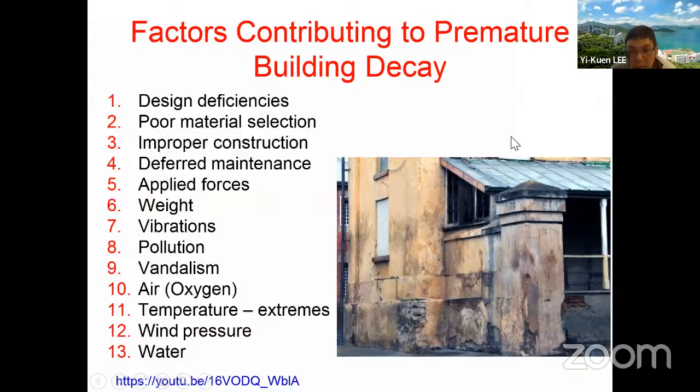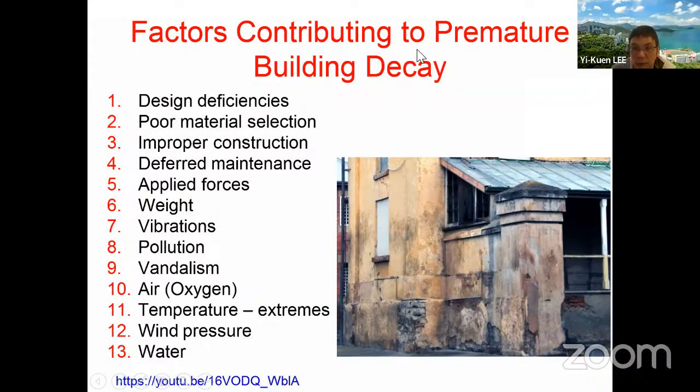So a building needs some maintenance, because it may suffer some kind of problem if it has a bad design, or if you choose the wrong material, or improper construction. If you have a good design but the construction workers didn't follow your design, you get problems. And if you don't have regular maintenance, that's also an issue.